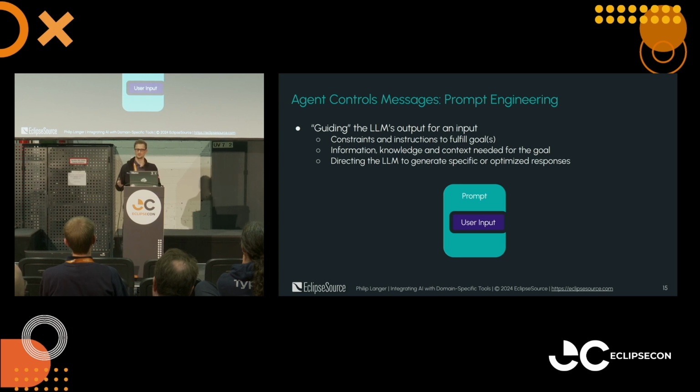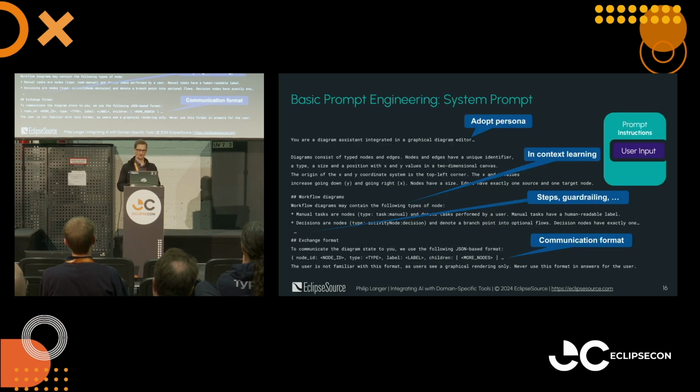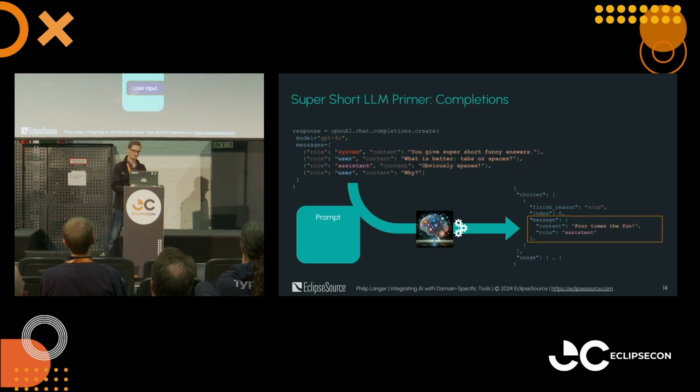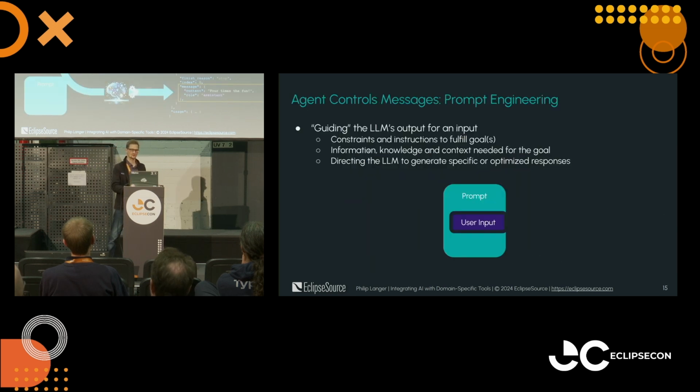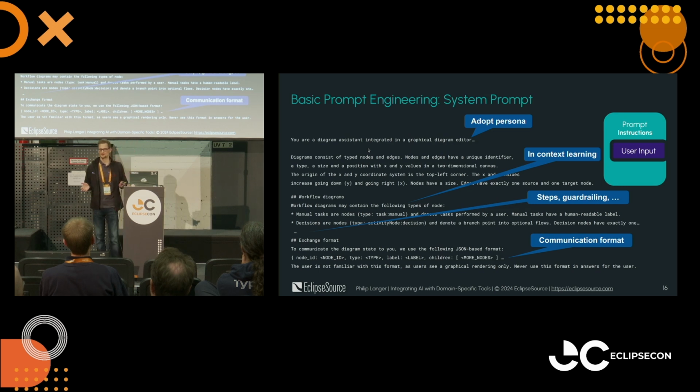So the first fundamental thing to do in this whole prompt engineering area as an agent is typically to specify a system message. And the system message, as you may remember, is just a message that you put on top of the whole conversation. In this system prompt, you can essentially specify all generic instructions that are true for any incoming message.